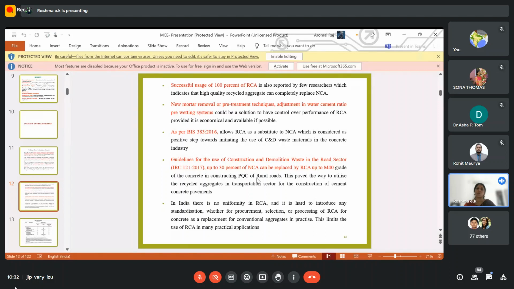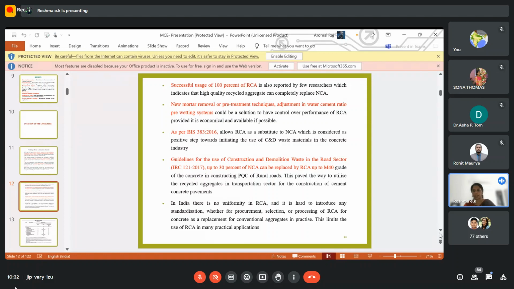But they say that it is for rural roads. This has to be noted. In IRC, it says it is only for rural roads. What they mean by rural roads is maybe that in rural roads the amount of traffic is less, the repetition is less. So if you use 30%, it is not an issue. So something beyond IRC has to be investigated.